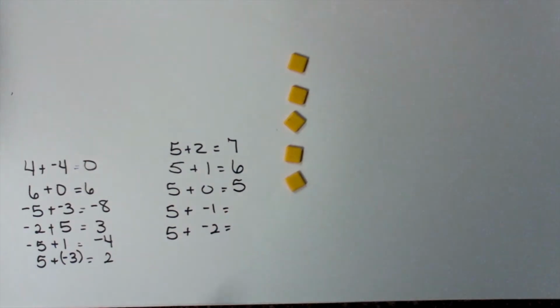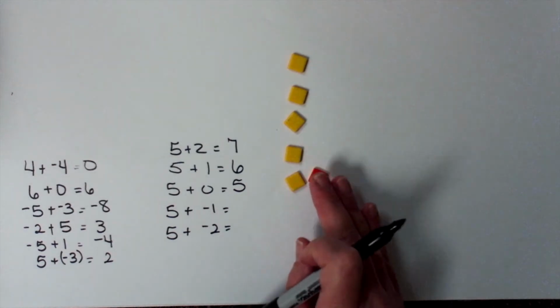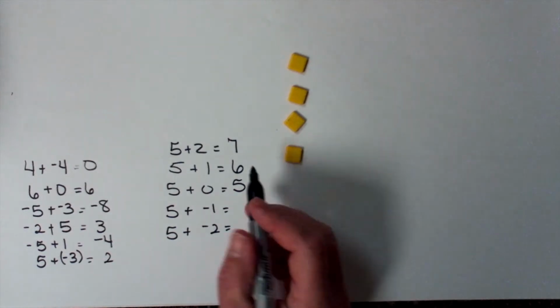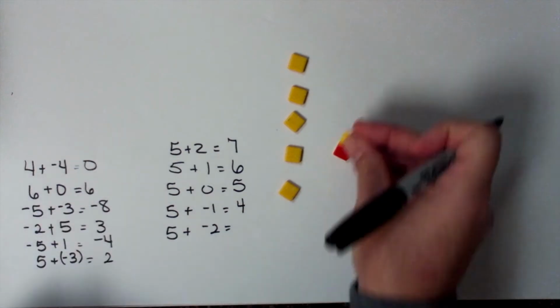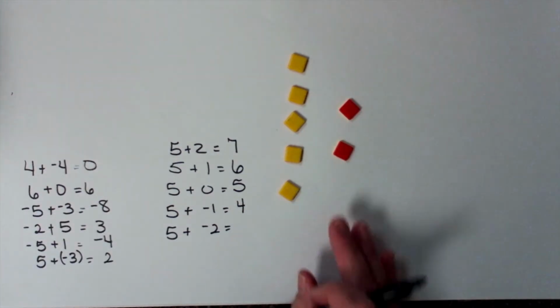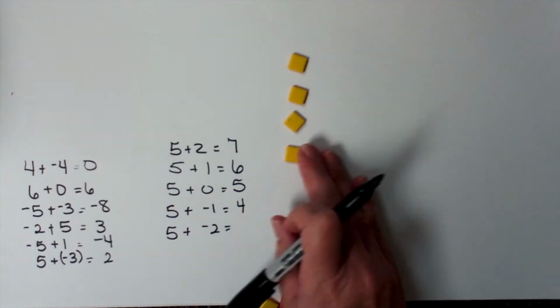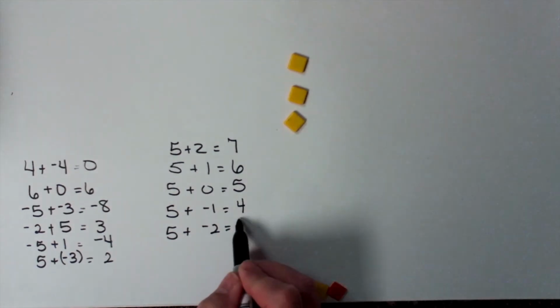Now I've got 5 plus negative 1. What happens here? They're different. I have to zero pair. And now I have 4. Can we start seeing a pattern here? I've got positive 5 plus negative 2. I zero pair out. I have 3.